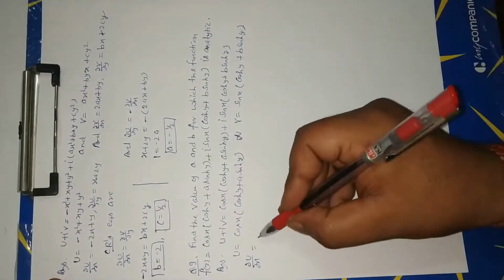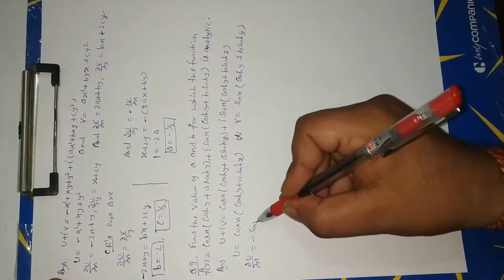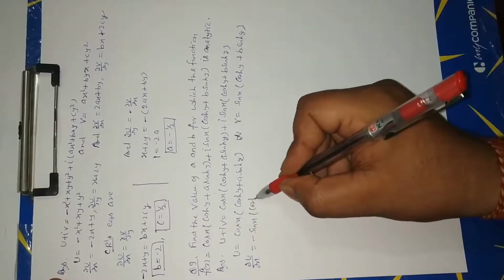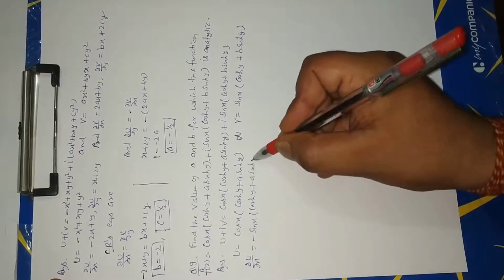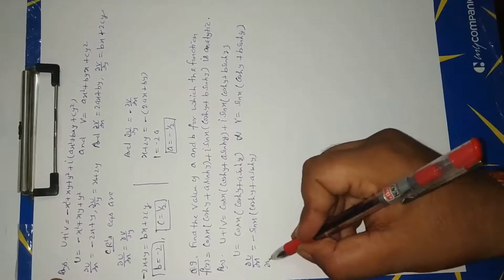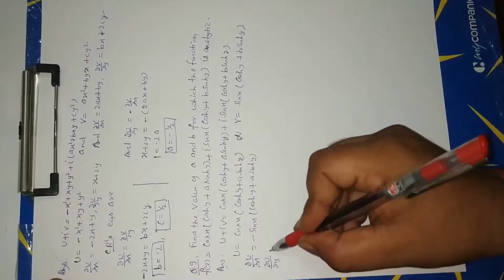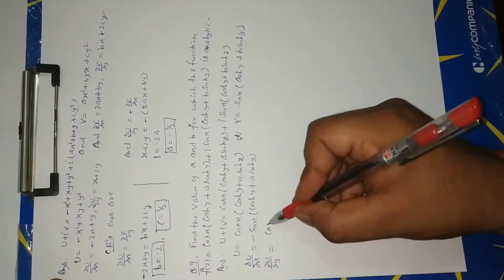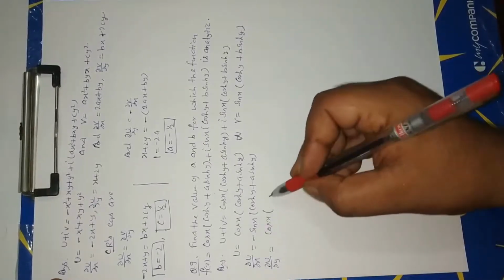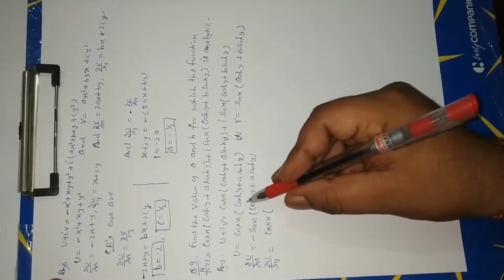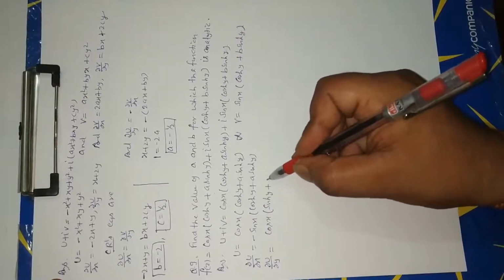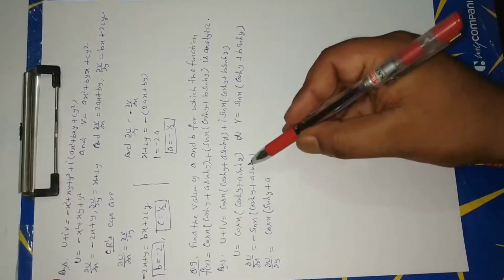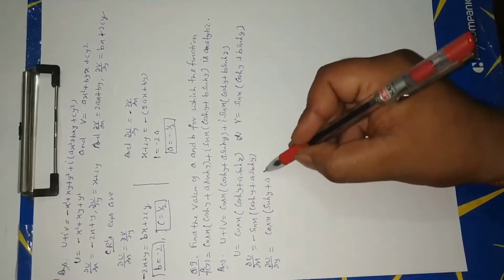Now we calculate del u upon del x, the partial derivative with respect to x of u, which is minus sin x (cosh y plus a sinh y), as well as del u upon del y, which is cos x as it is, with the differentiation of cosh y being sinh y and of sinh y being cosh y.